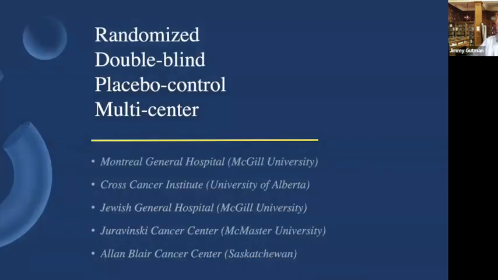This clinical study meets all of the criteria for what we call a gold standard study. It was randomized, double-blind, placebo-controlled, and took place in multiple excellent cancer centers across Canada. You could see some of the names there: McGill, University of Alberta, McMaster, and so on.